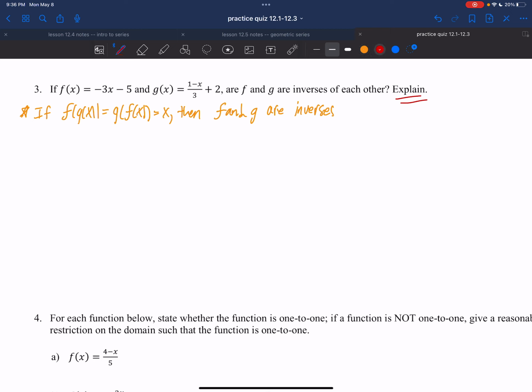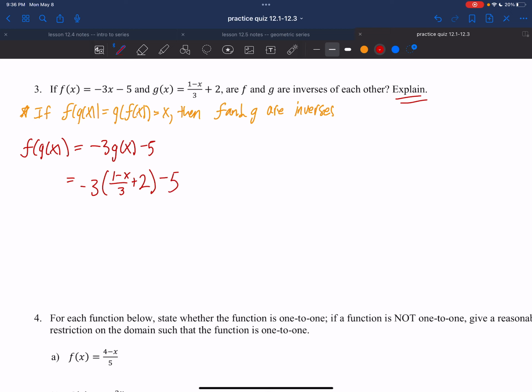So I got to look at their composition. So I say, what is f of g of x? Well, f of x is negative 3x minus 5, so f of g of x is negative 3 g of x minus 5, because I'm just substituting x, right? And then g of x in question is negative 3 times 1 minus x over 3 plus 2, and then minus 5.